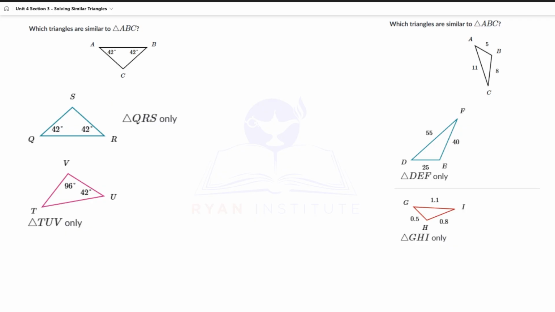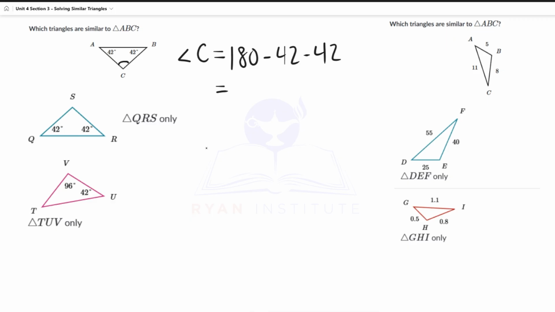However, we know that the total degrees of triangles need to add up to 180 degrees. So first thing we're going to do is find measurement C. So angle C is equal to 180 minus 42 minus 42.